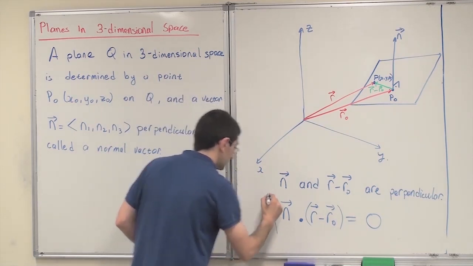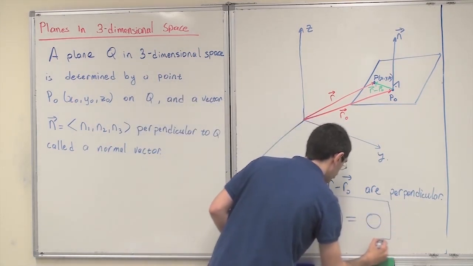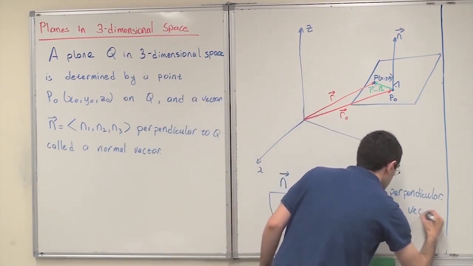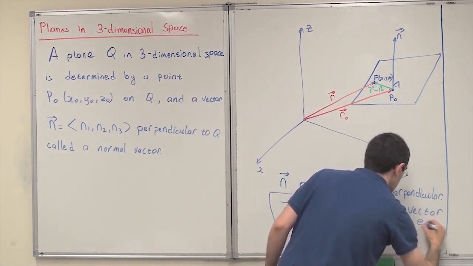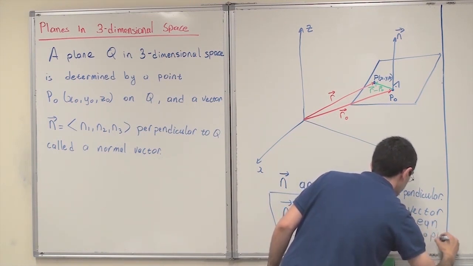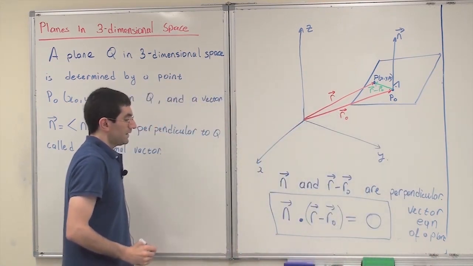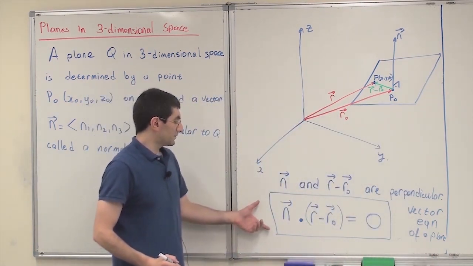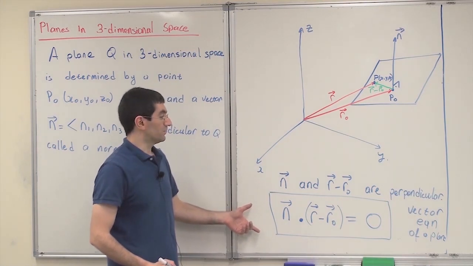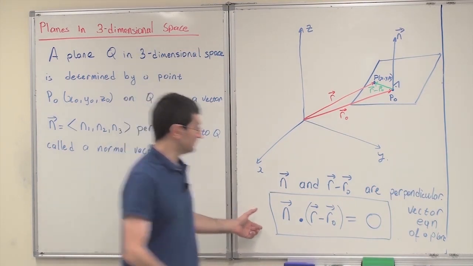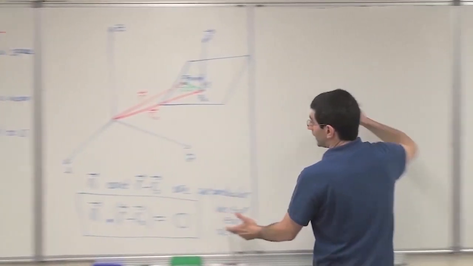And this equation here is called the vector equation of a plane. So that's the first form of a plane equation.